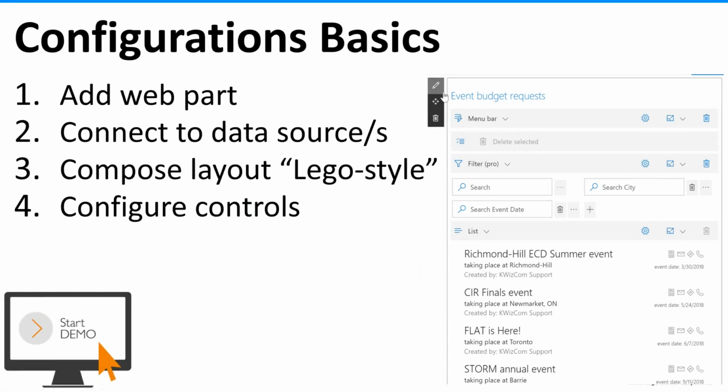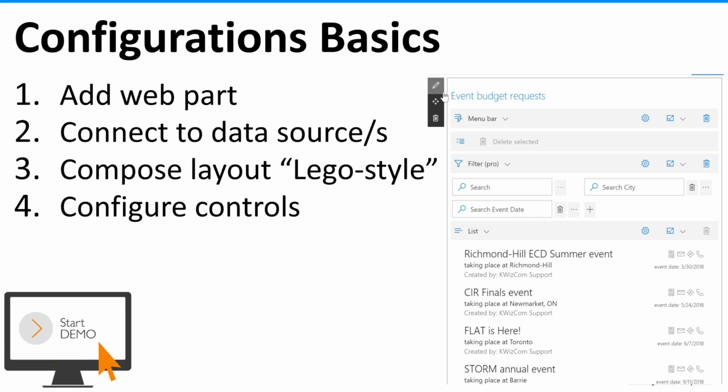Okay, so what I'm going to do now is start from scratch and show you how I add an example web part to the page connected to a data source, and then show you some of the options to change the layout of the web part and have the exact component and the exact layout that you want.